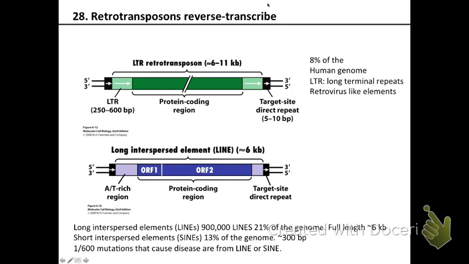These are kind of like LINEs, but they're shorter versions of it, and they make up about 13% of our genome. And because they can jump from one side to another, they can cause mutations in our genome. So if it jumps, for example, by accident into an exon of a protein coding gene, it could disrupt that protein and cause problems, right? So a lot of our mutations that cause disease are from LINEs and SINEs.